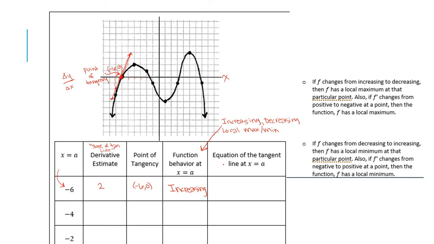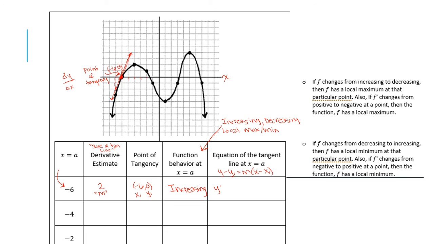Last of all, I need to find the equation of the tangent line at x equals a. So remember, to do this, I am using my point slope formula. In this case, my y1 is 0, x1 is -6 because I'm using my point of tangency, and my slope is 2.